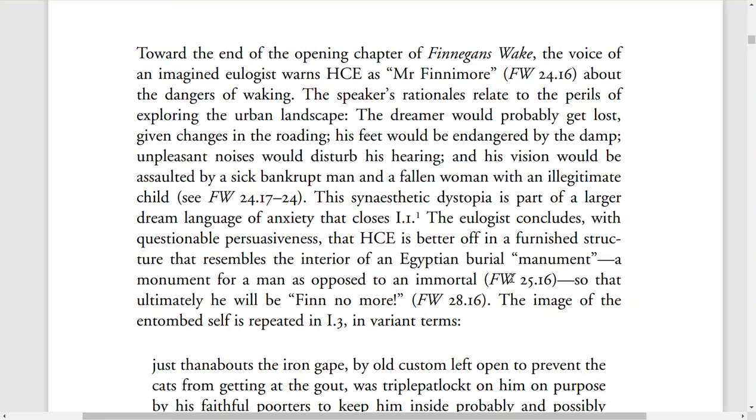So what we have here is not a summary of the text. You haven't read the text, but it's not a summary of the text. You should note that the writer here is just elaborating that observation: why the eulogist warns HCE about waking, the dangers of waking. And these are the dangers. Just unpacking the observation we have.